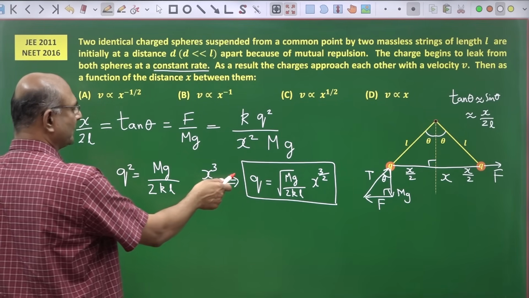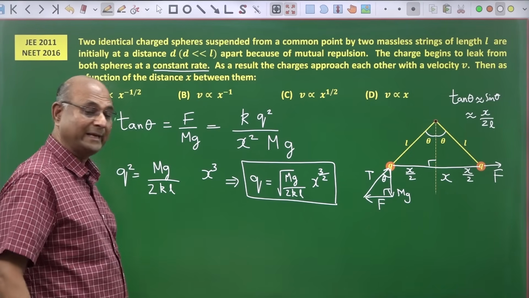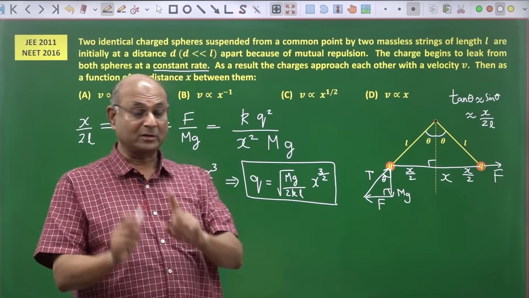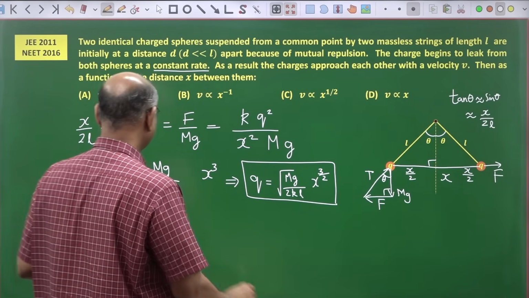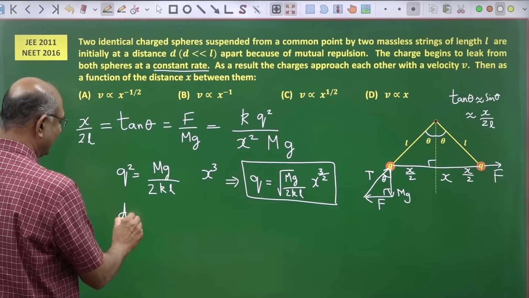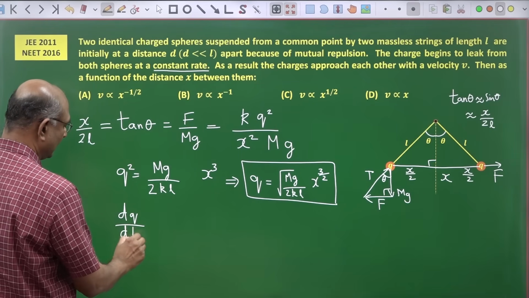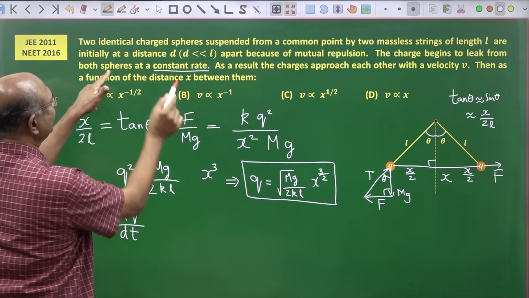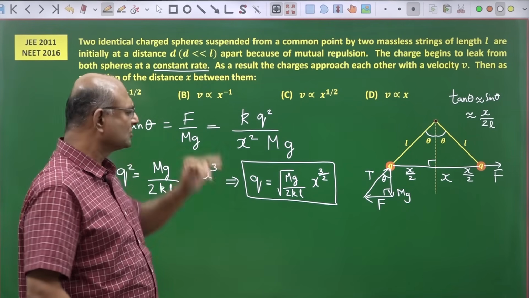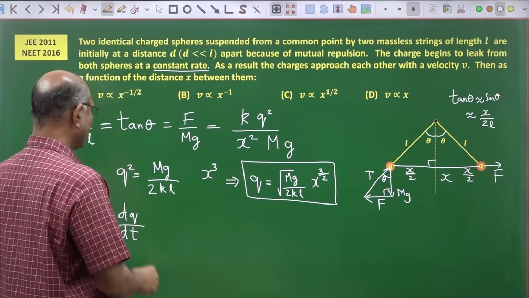So if I now differentiate this with respect to t, I'll get dq by dt, which is a constant. How do I know it's a constant? Because they are slowly leaking charge at a constant rate.